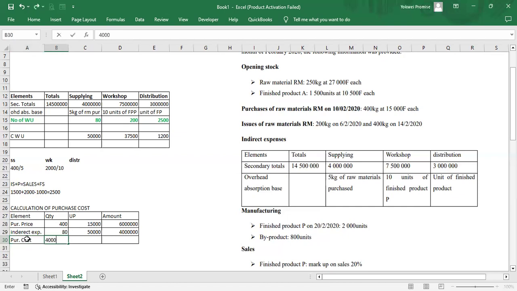So we go to our 400 units, not 480, please, because this 80 is just to enable you to calculate the overheads. And then the total here, please. The total is 10 million. Voila, 10 million. So here we have this divided by the quantity. All right, so this will be the purchase cost.